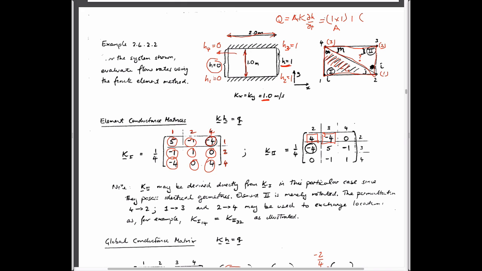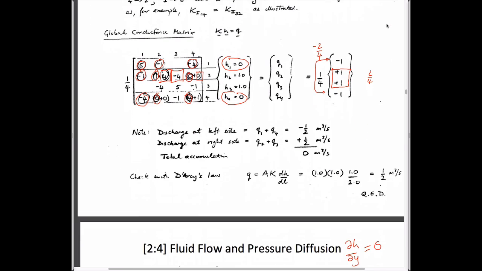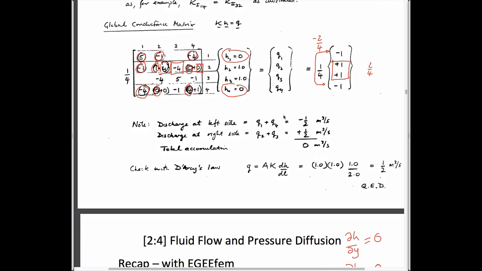And the gradient has to be, it changes by 1 over a length of 2, which is equal to a half. That's meters cubed per second. And indeed, that's exactly what we get. Discharge out of one side is minus a half, discharge in is plus a half, depending on our sign convention. And I guess that same calculation is done right down there. So that's it.